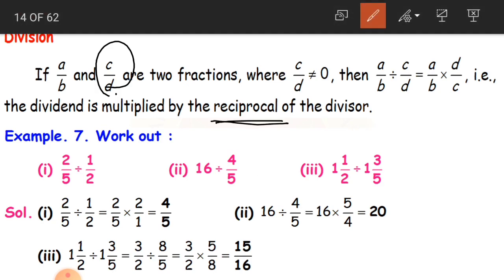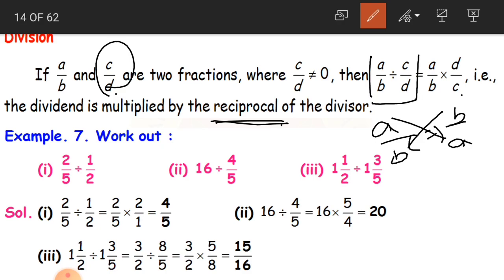See, just now we have learned the reciprocal of a fraction a by b becomes b by a. We simply interchange the numerator and denominator. Yes, so when we are dividing two fractions, a by b divided by c by d, what is the dividend here? This is the dividend and this is our divisor. C by d is our divisor. What are they saying?